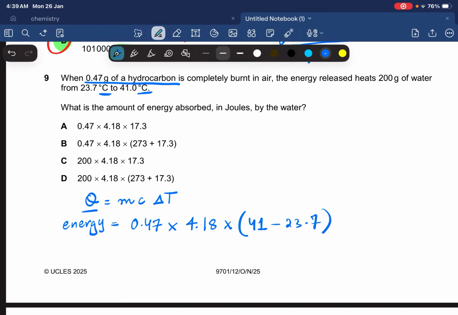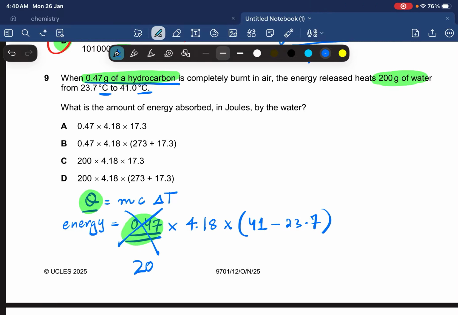So now, the mistake that I was making was this, 0.47. Always remember, to calculate the energy that's absorbed by water, we have to take the mass of the water. This is the mass of the hydrocarbon. We have to take the mass of water, which is 200 grams. So that's incorrect.